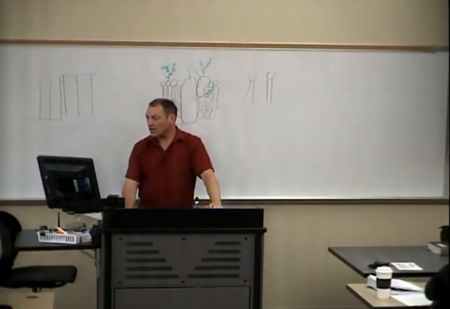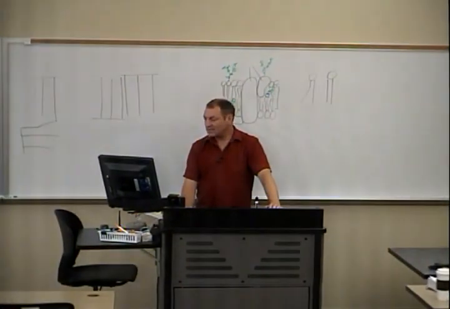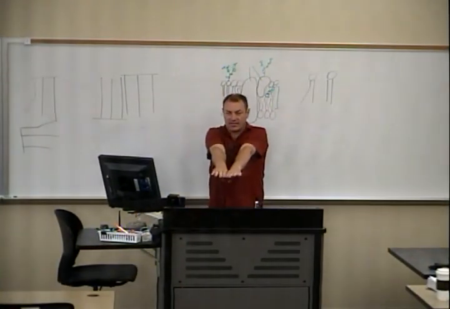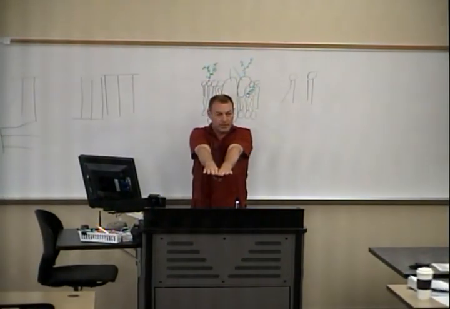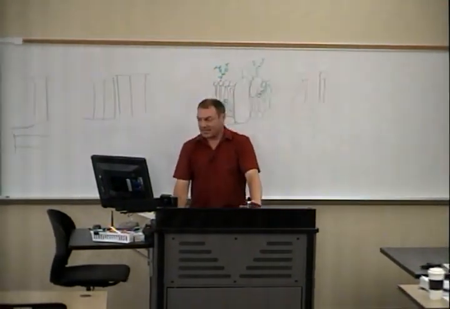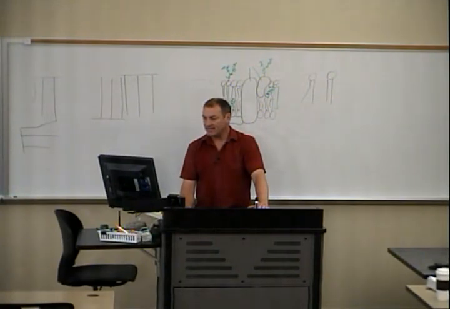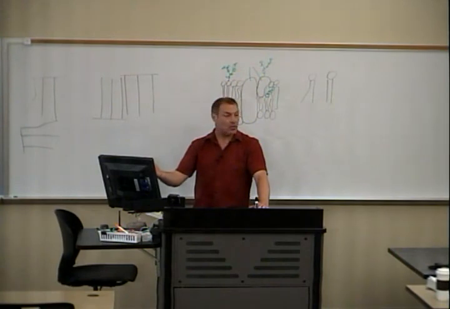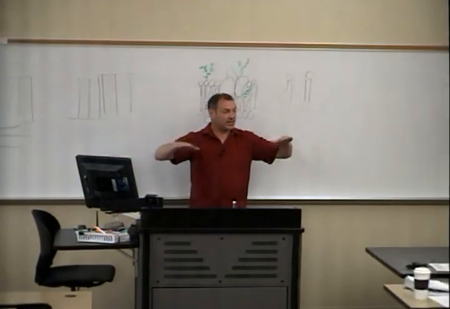In contrast, if you have lots of saturated tails, they're going to pack really tightly like this, and there's not going to be a lot of movement. So at any particular temperature, this one will be less fluid or more viscous compared to this one, which will be more fluid or less viscous. Good? So now can you come up with an idea about how an organism might regulate membrane fluidity?